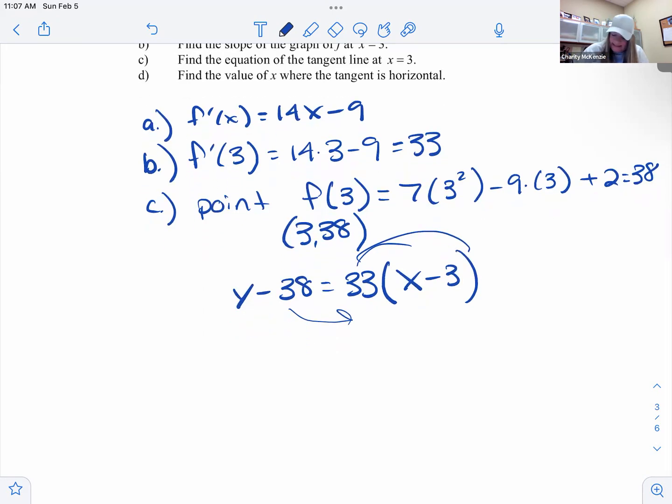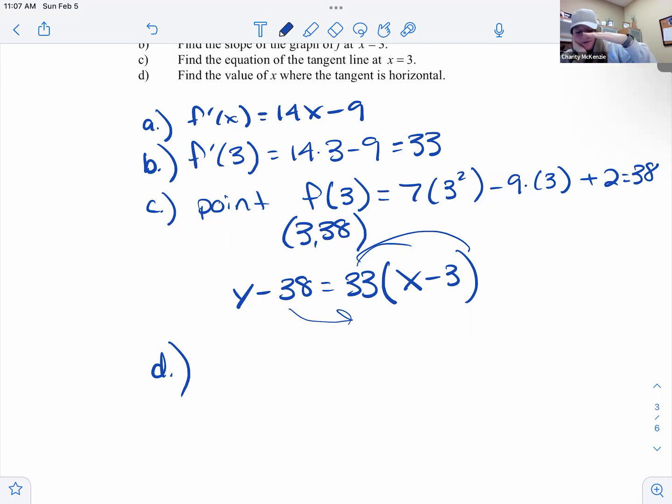Okay, problem D. D says, find the value where the tangent line is horizontal. Okay, tangent line, right? You're touching that graph in a tangent line. Where would it be horizontal? Think about, what is the slope of a horizontal line? 0.